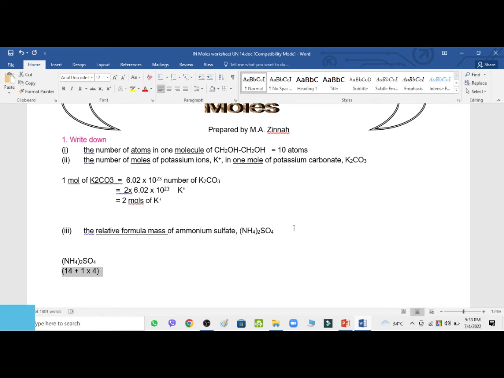If you multiply this by 2, because 2 is multiplied with ammonium, you get double ammonium. Then sulfur is 32, and oxygen is 16 times 4. This is the calculation.